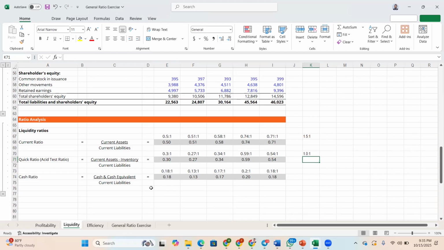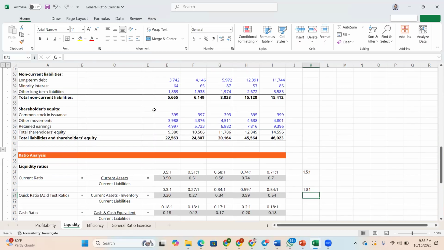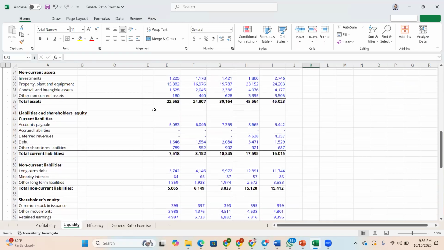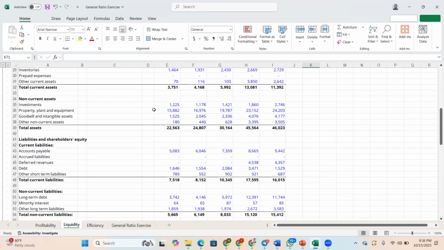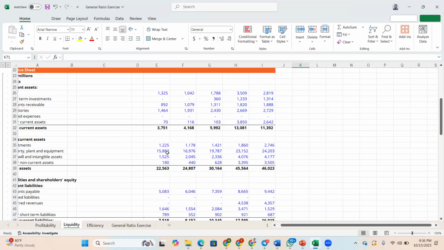So yeah, it's obvious that the liquidity ratio is terrible. The liquidity position of this company is very, very terrible. But what we can advise them generally is they should try and increase their current assets or reduce their current liability.